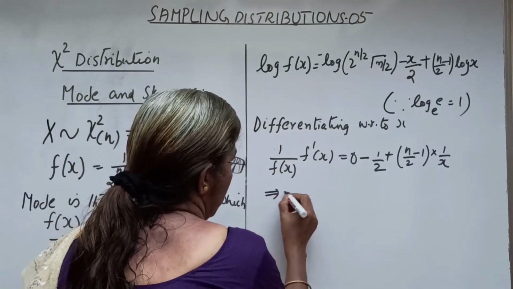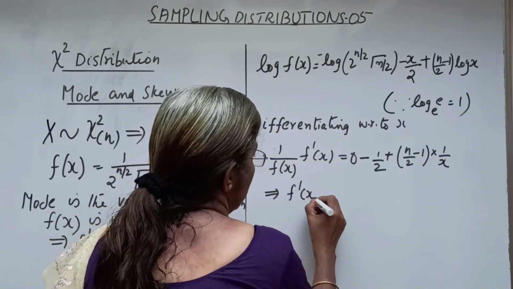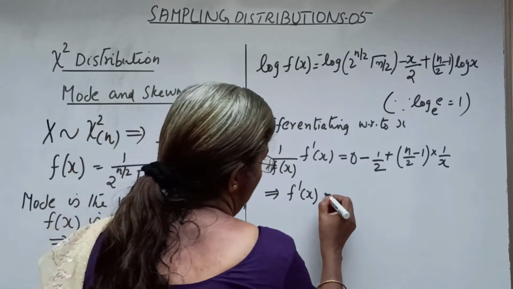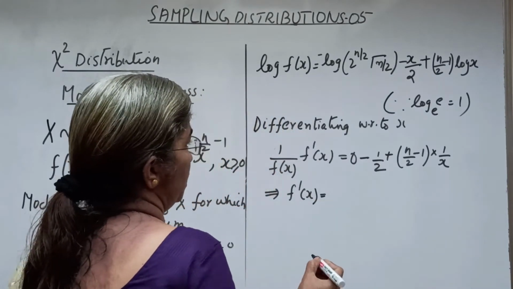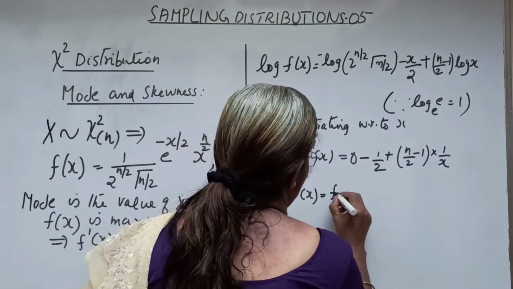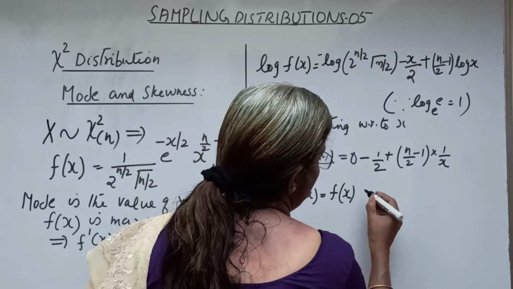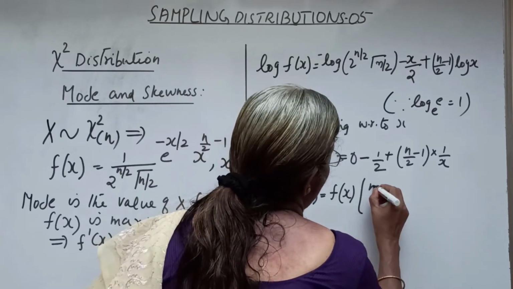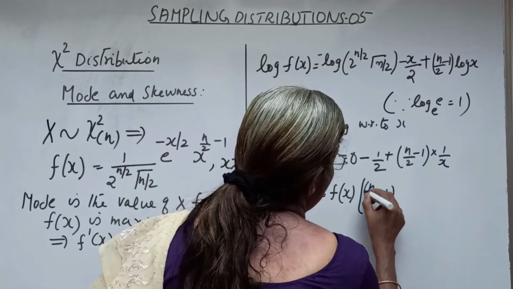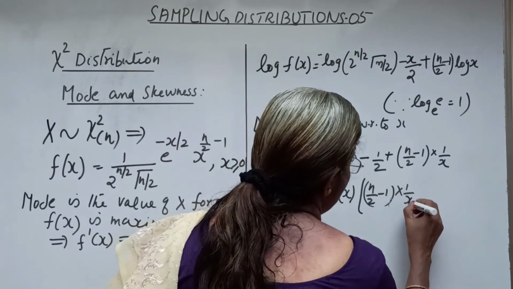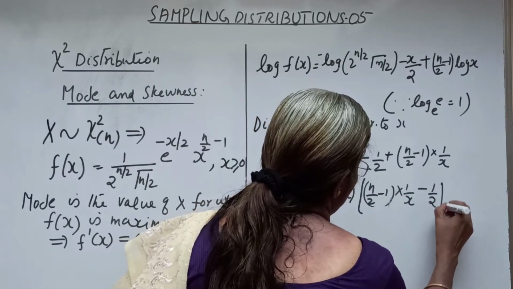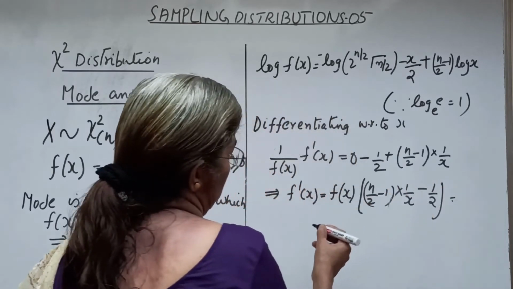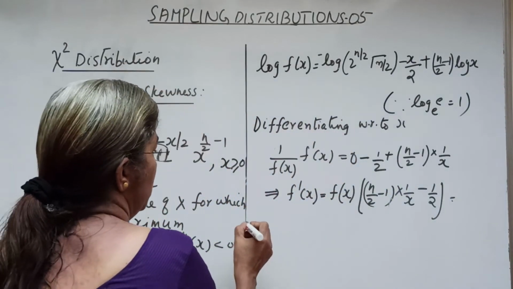Therefore, f dash x equal to f of x into n by 2 minus 1 into 1 by x minus 1 by 2.